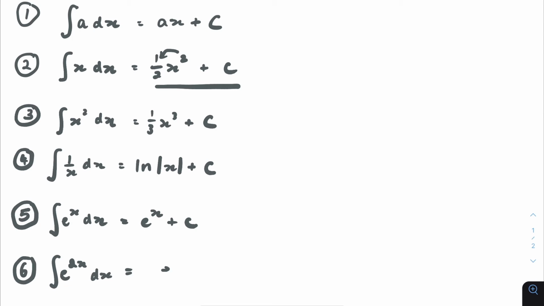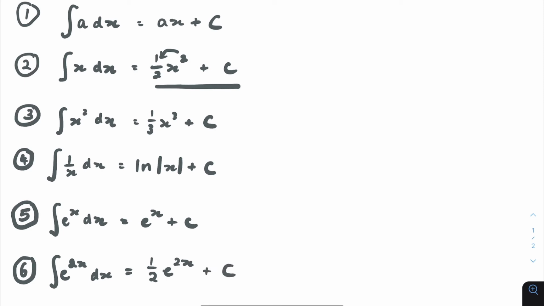When we took e to the power of 2x and differentiated it, that became 2e to the power of 2x. Because of this, we're going to need to divide by 2 instead of multiplying, as we did with differentiation. So that would give us half e to the power of 2x, plus c. And obviously, when you have e to the power of anything, the exponent doesn't really change.